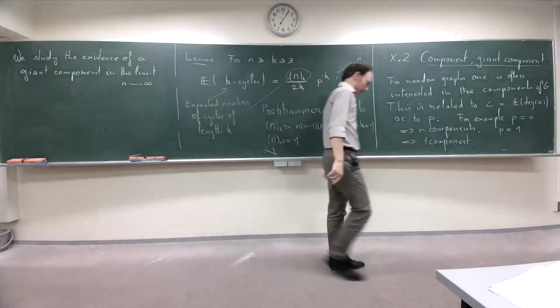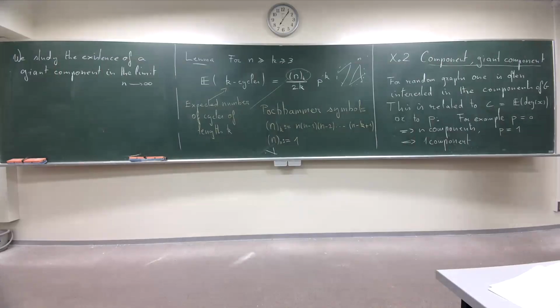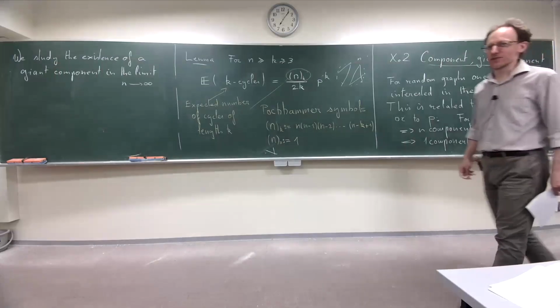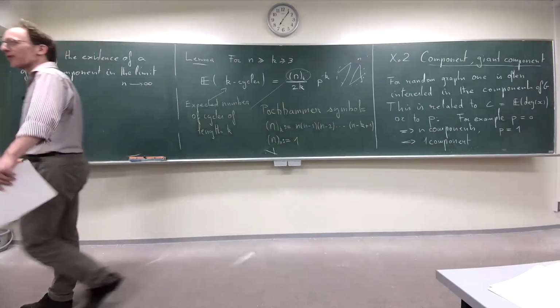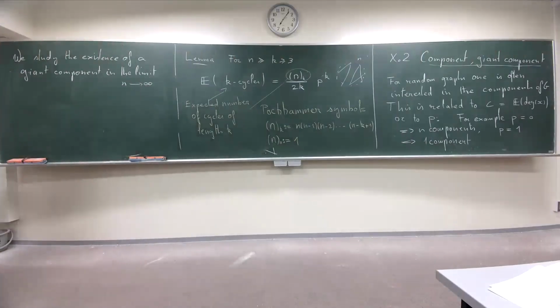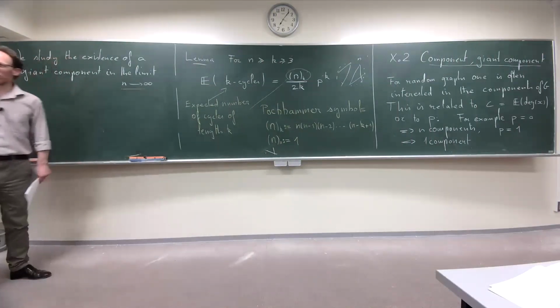By the way, let's talk about philosophy. Does it exist, n going to infinity? No. Why do we still study n going to infinity? Because you cannot have an infinite number of atoms, so n going to infinity cannot exist. Still, often things become simpler when you take a limit n going to infinity.